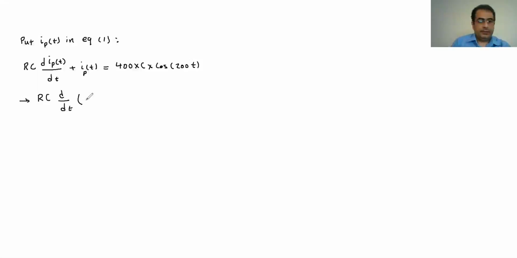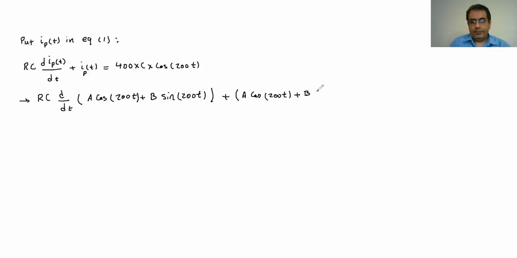Now I replace i_p with its value: A cosine 200t plus B sine 200t, then plus again i_p here, so again A cosine 200t plus B sine 200t, and this is equal to 400 times C times cosine 200t. So we have this equation here.